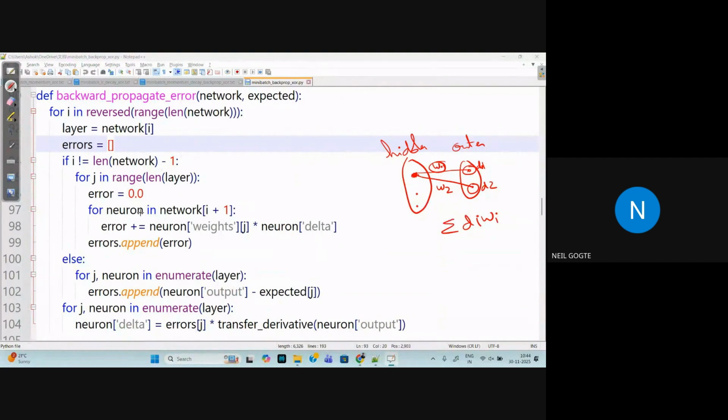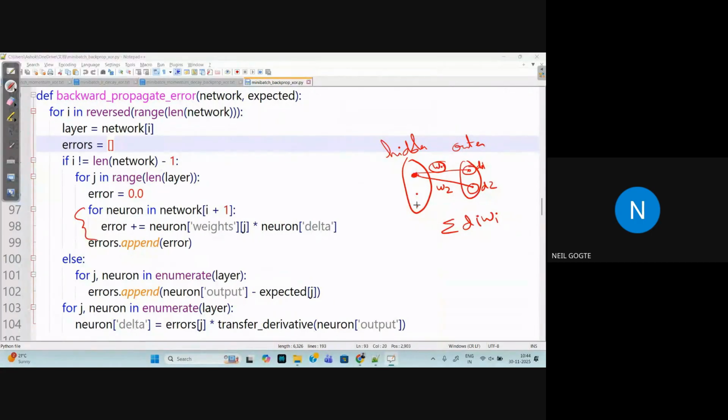Now we are going through the earlier layers. How do you compute the delta for them? We go through all the neurons of this layer, J in range length of layer.